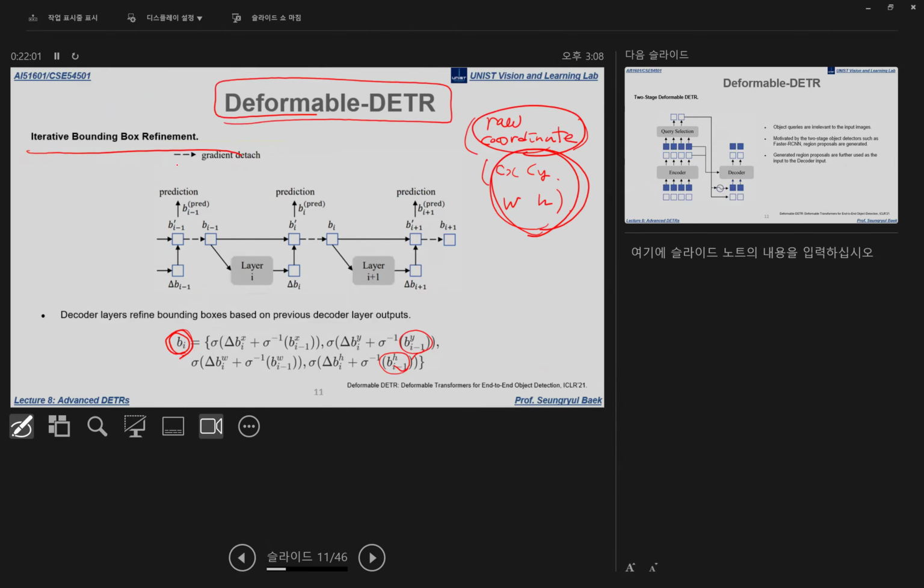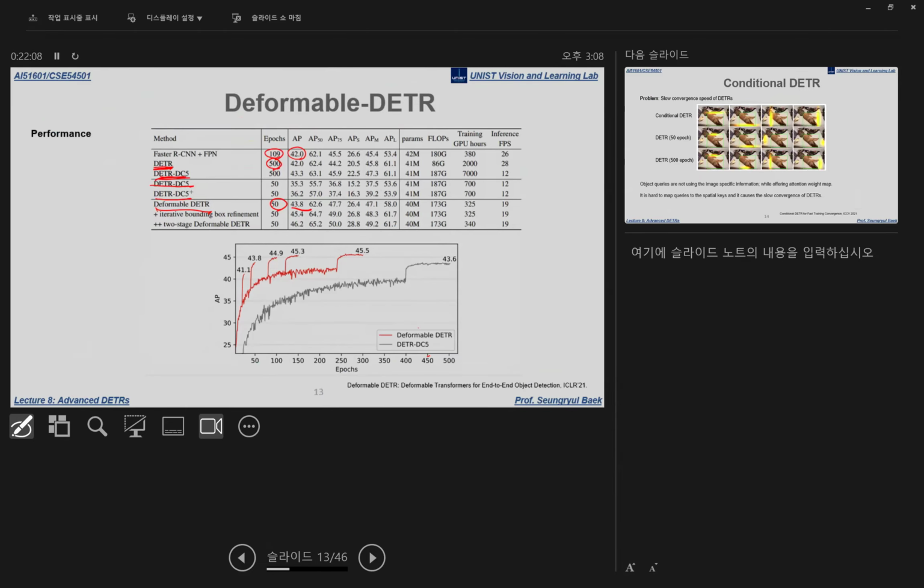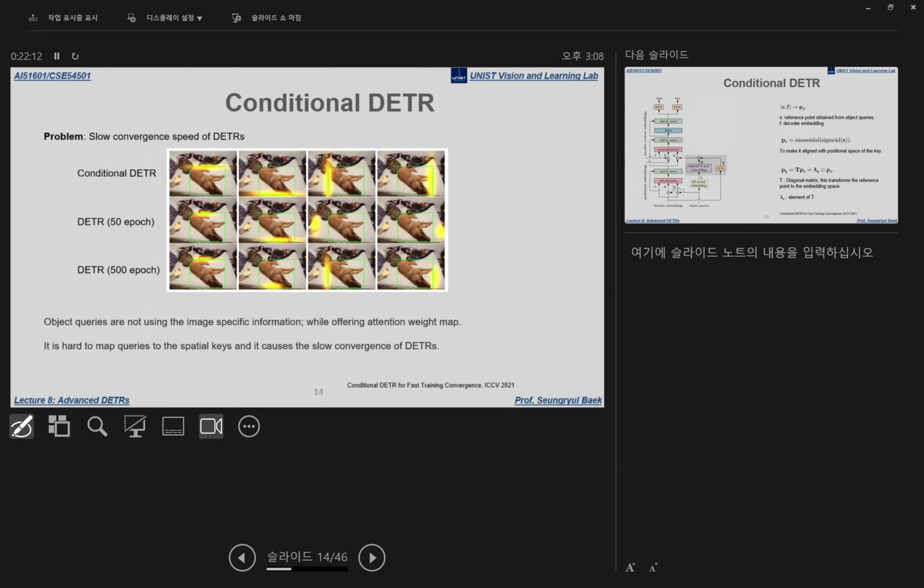And also they are applying iterative bounding box refinement and two-stage Deformable DETR to further increase the accuracy. And that is the Deformable DETR.